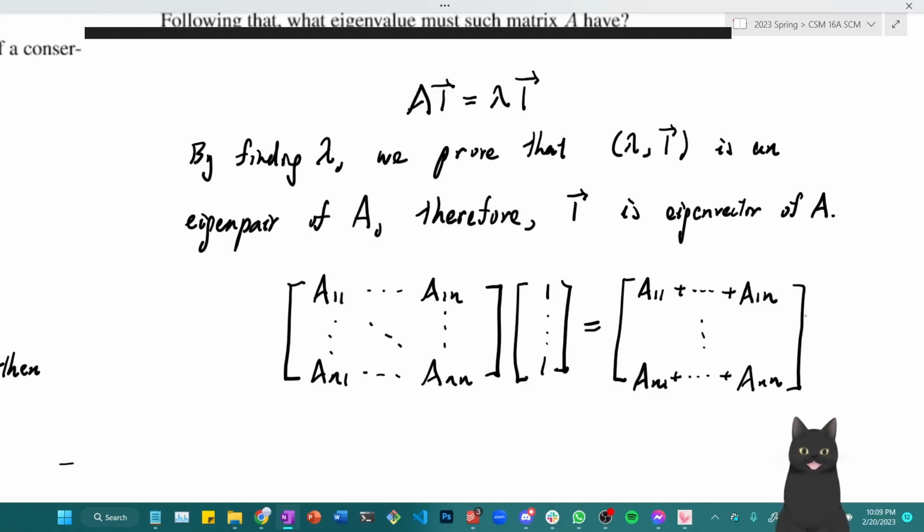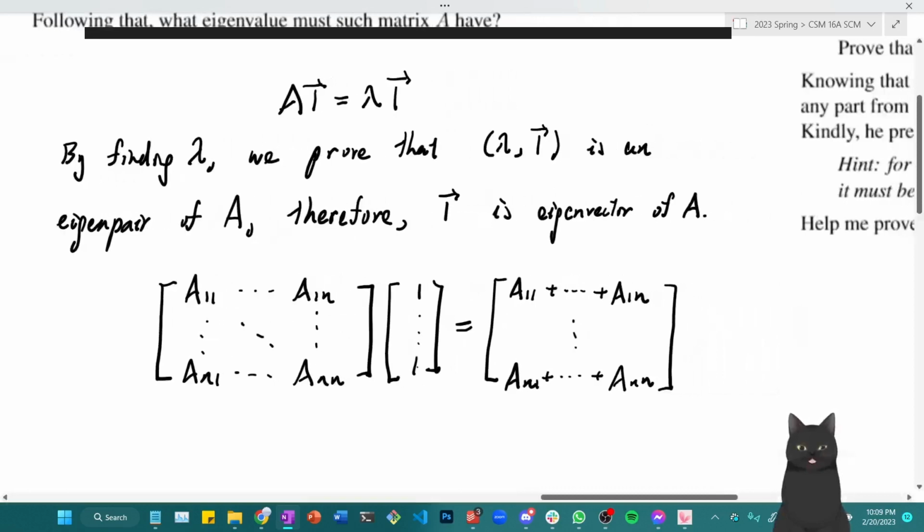The first entry of the resulting vector in the product is a11 times 1 plus and so on plus a1n times 1. The last entry of the resulting vector is equal to an1 times 1 plus an2 times 1 plus and so on plus ann times 1. So, in other words, the entries we get along the solution column vector on the right-hand side of the equation are just row sums of the matrix A.